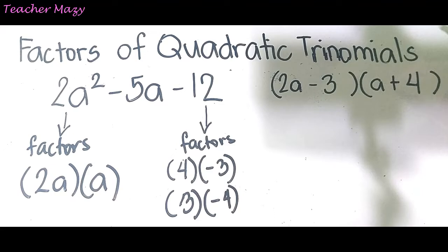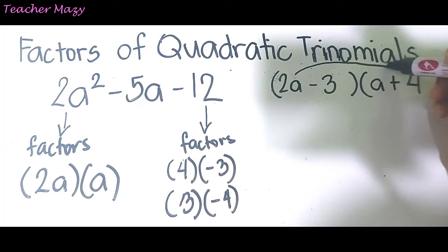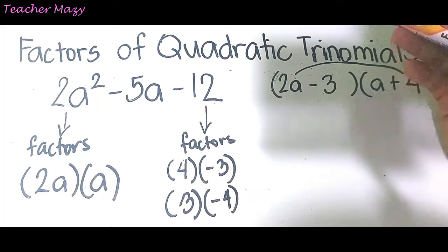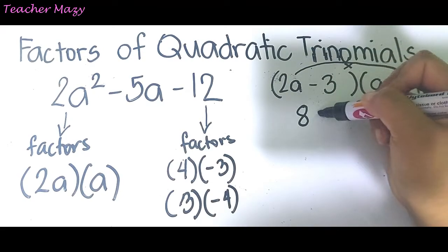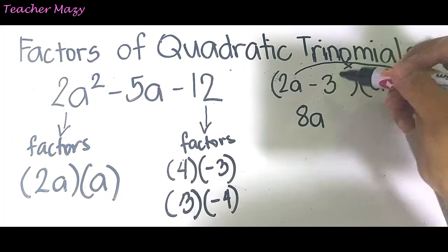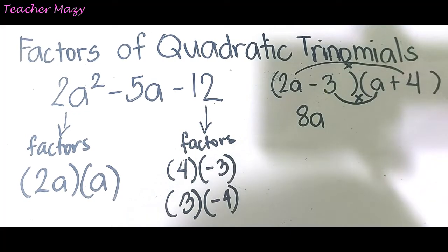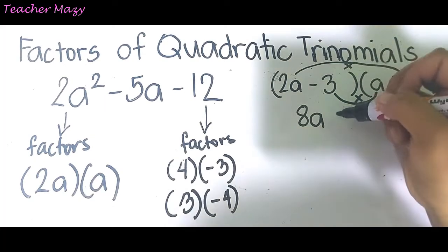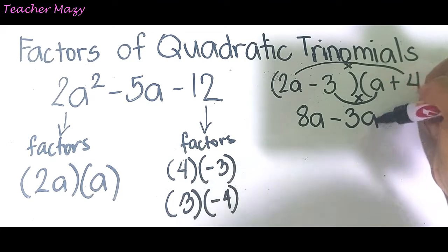Trial and error. First, let's multiply the outer terms: 2a times 4 is 8a. Next, let's multiply the inner terms: negative 3 times a is negative 3a.